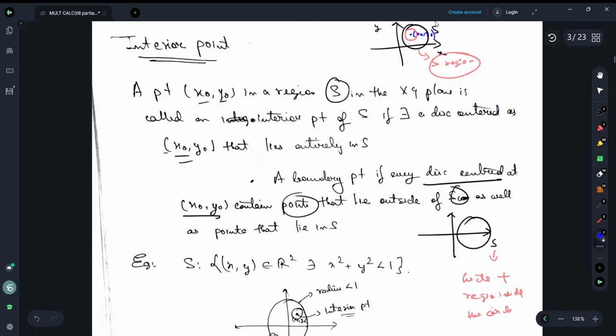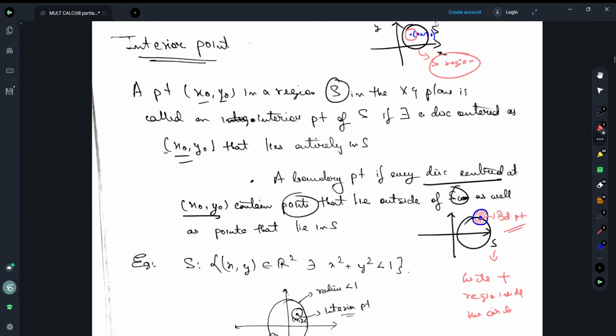Got it? Now if you take a point on the circumference of the circle and you form a disk centered at this point, then you can obviously notice that this disk contains elements inside the region S as well as elements outside the region S. So this point forms a boundary point.